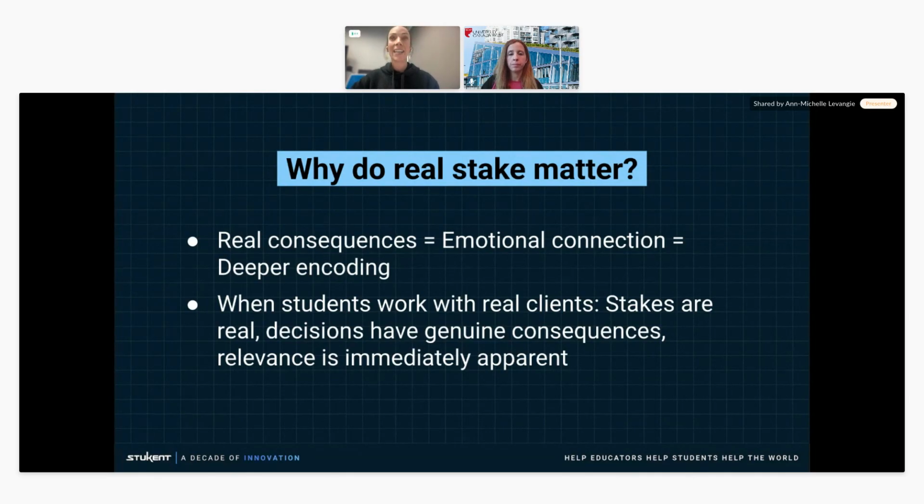Because they're suddenly accountable for their work. They're working with other people who are impacted by their work. All of this drives emotional connection, which leads to stronger learning. When they work with real world clients, they're going to see unique problems, unique personalities, unique ways of collaborating. And all of these are driving those core skills that they're going to need in the workplace.